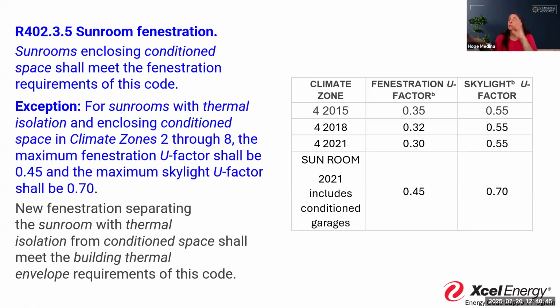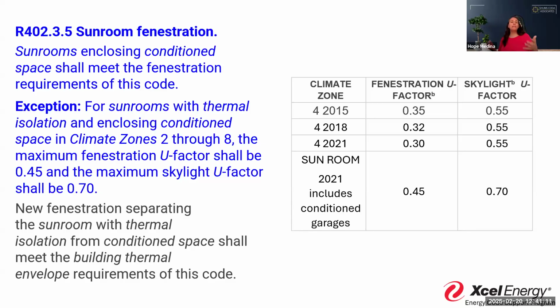Now, another component is because it did say 40% of the walls and roof had to be fenestration, had to be windows. So what the code says is, yes, it does have to have a certain percentage of fenestration, but that fenestration doesn't have to be at a 0.35 or a 0.32 or a 0.30.